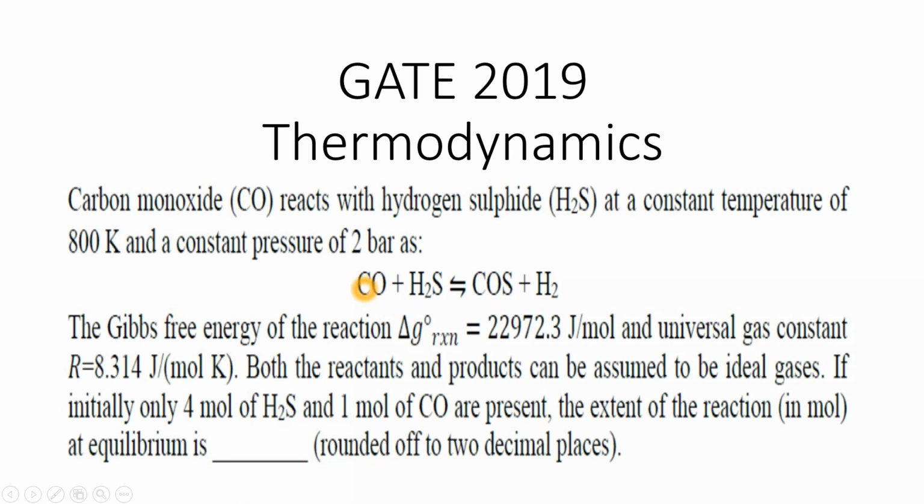Here you can see 1 mole CO reacts with 1 mole H2S and gives us 1 mole COS plus 1 mole H2, but initially we have 4 mole H2S and 1 mole CO. The extent of reaction at equilibrium is, what will be the extent of reaction for this question, right? So here we start the solution.